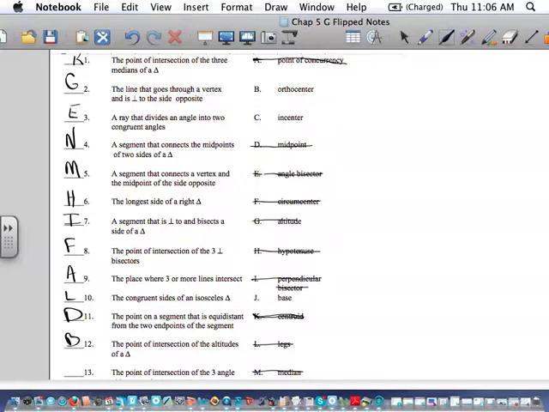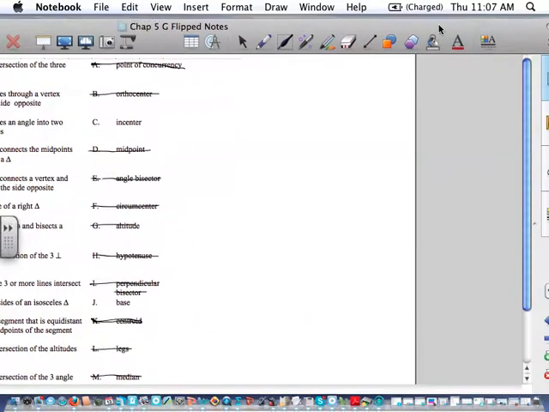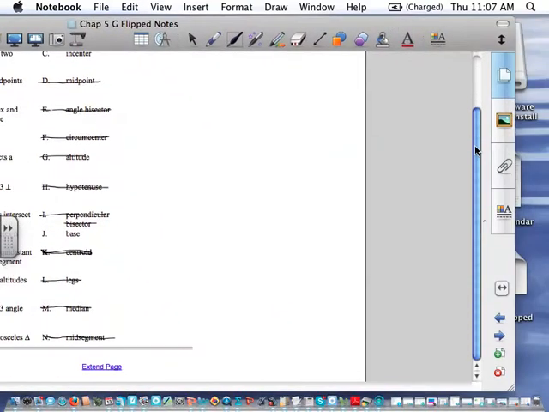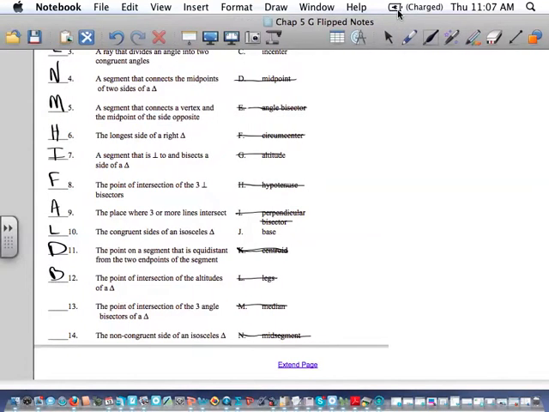That's B, the orthocenter. Number 13, the point of intersection of the three angle bisectors is called the incenter. The incenter is C. And finally, the last one, the non-congruent side of an isosceles triangle is called the base, J.